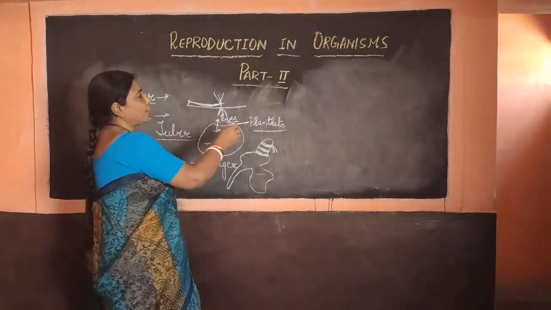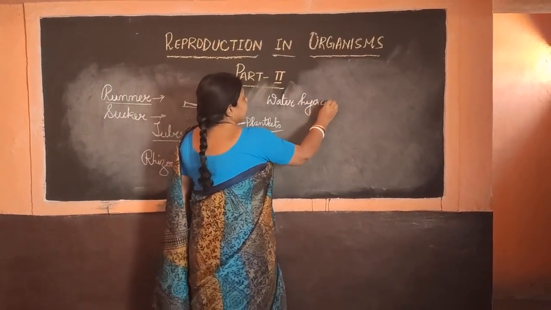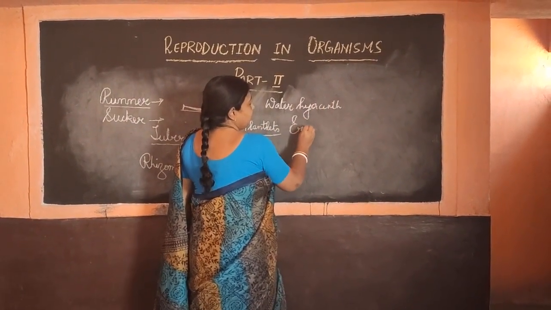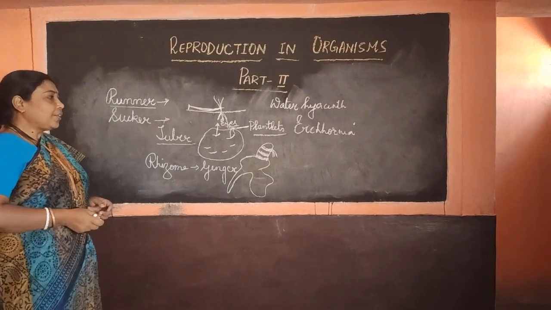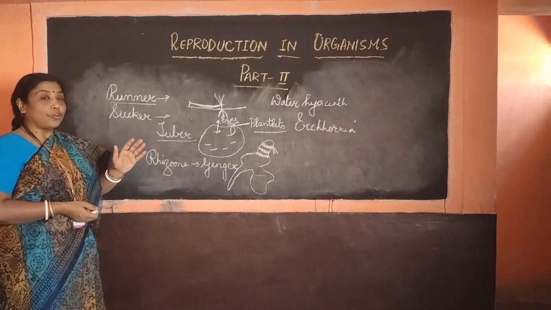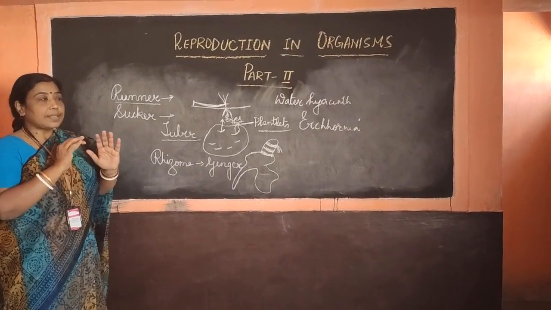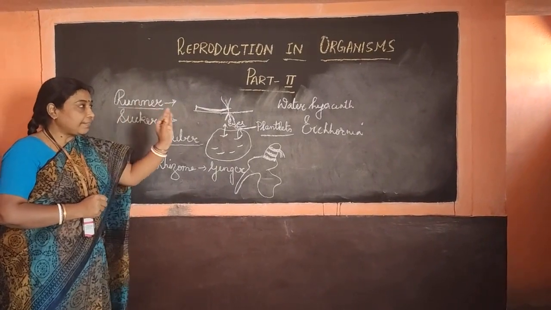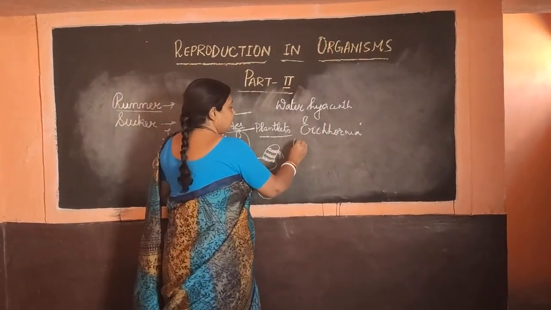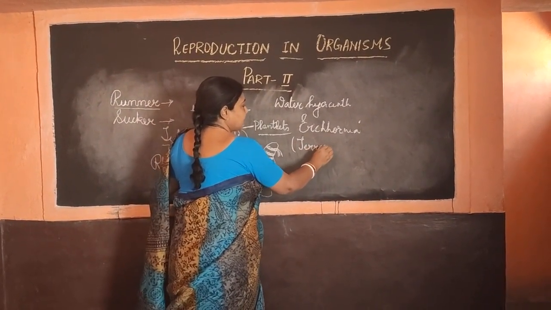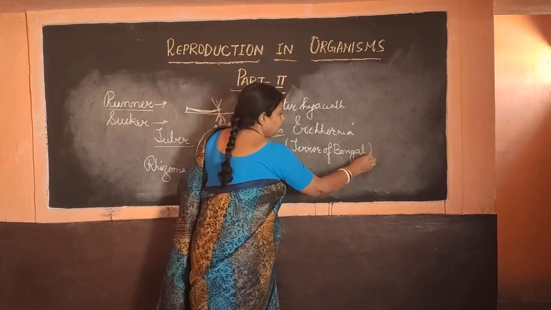Now let us come to water hyacinth, that is Eichhornia crassipes. Now see, in Eichhornia, because of vegetative propagation, it is disturbing the ecological balance of whatever water body it is growing in. So it has been given a particular name, known as Terror of Bengal. Why?